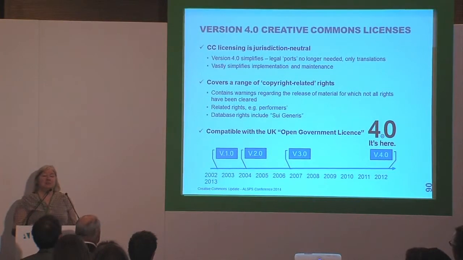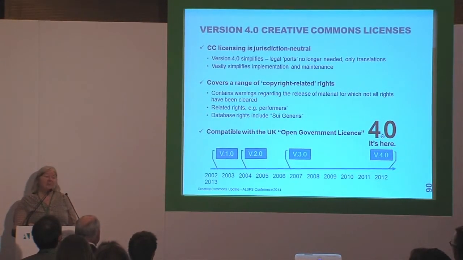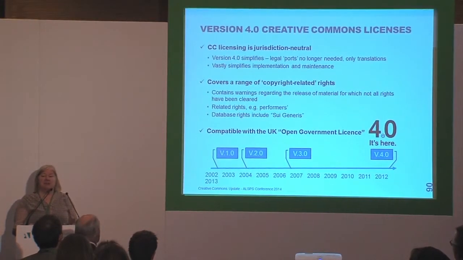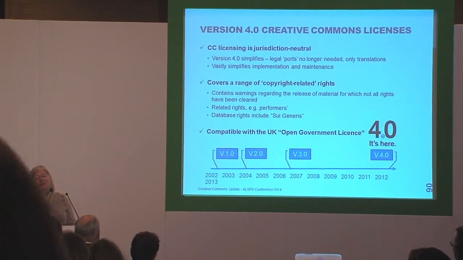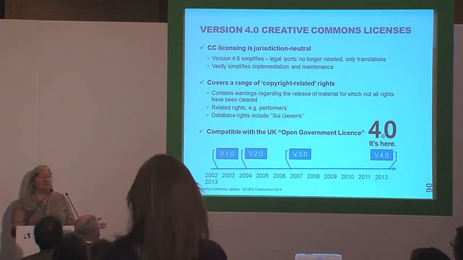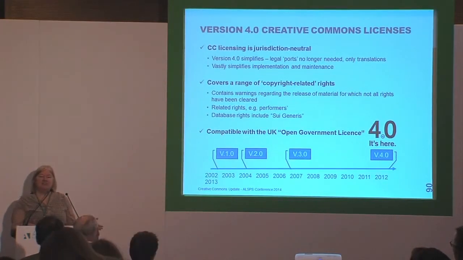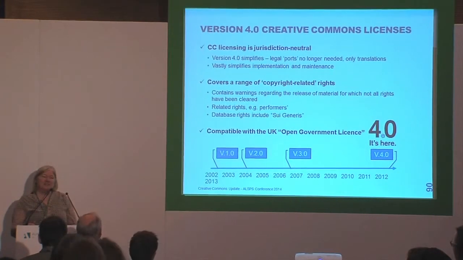One of the reasons it took quite a long time for version 4.0 licenses to come about is because all that hard work was done at the outset to try and harmonize across jurisdictions, and it makes life so much simpler. I think the licenses finally were released in December last year, and within 2 months the first 70 translations were completed.